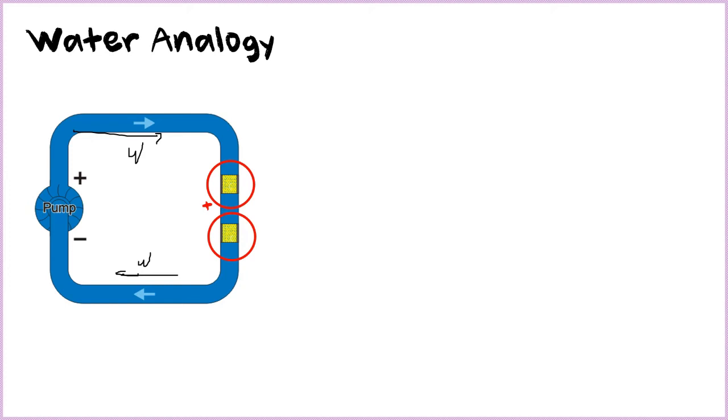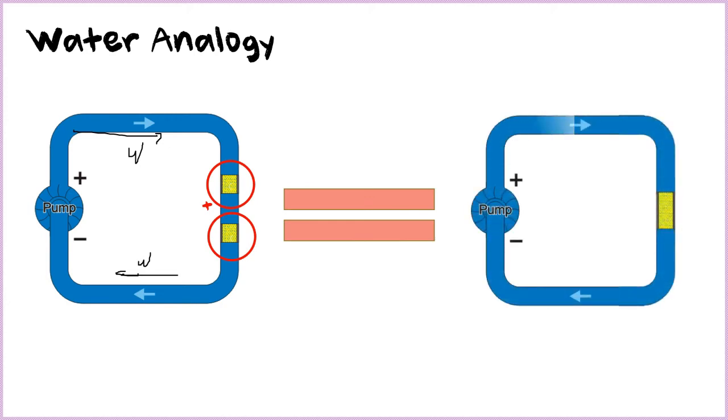It's like they are just one big sand filter, equal to just a giant sand filter. So the water still flowing and going back to the pump is still equal in amount, and the pressure is still equal. Okay?